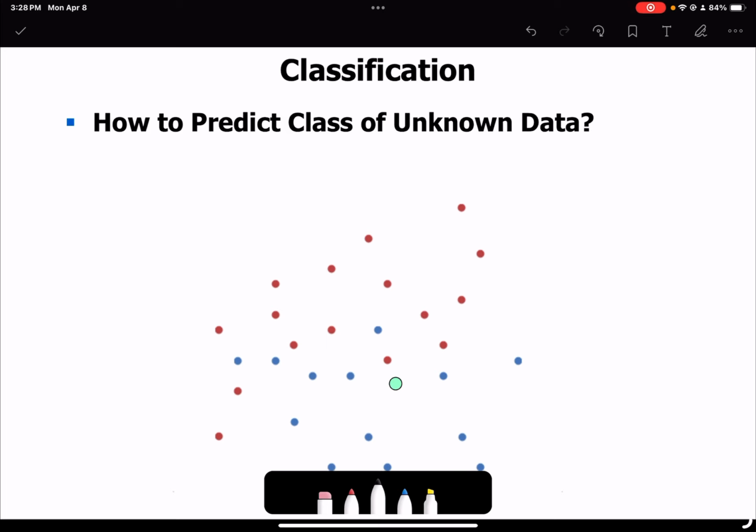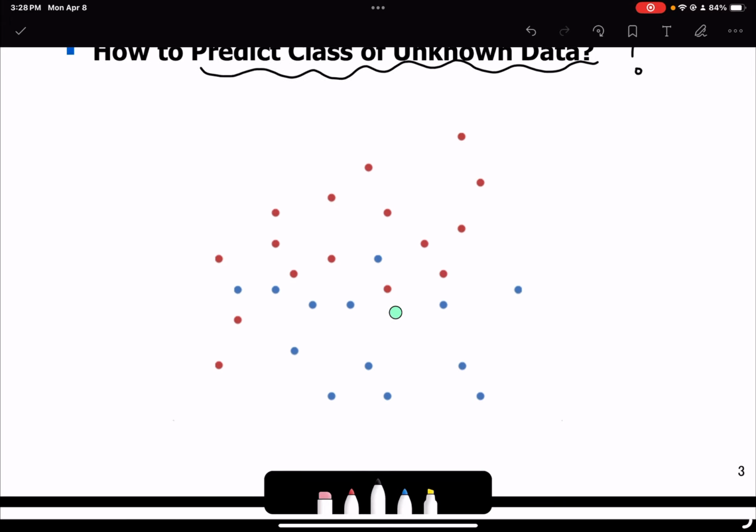So what is classification? We have to predict the class of the unknown data. I have already discussed an example. Which class does this new data point or unknown data point belong to? We have to find or predict the class.